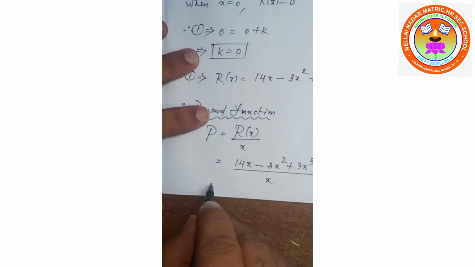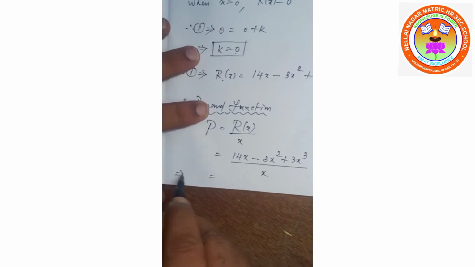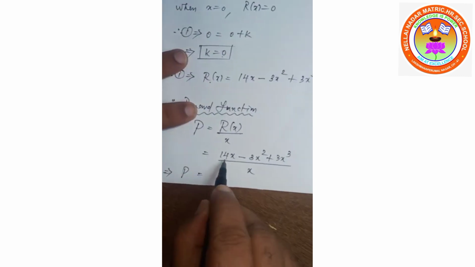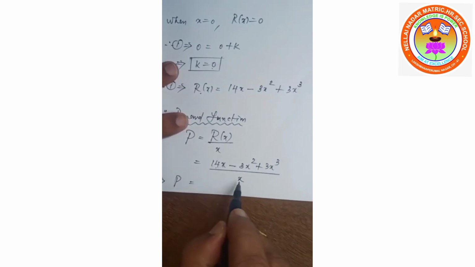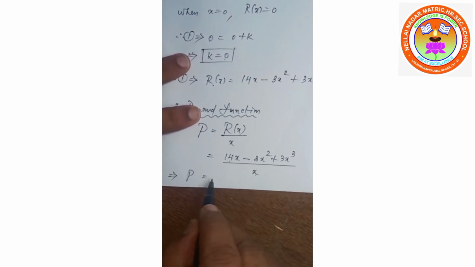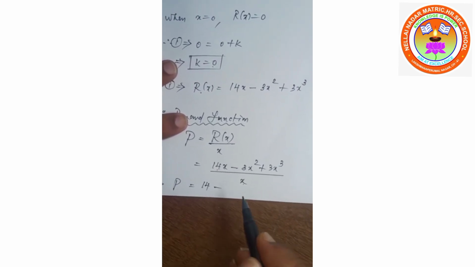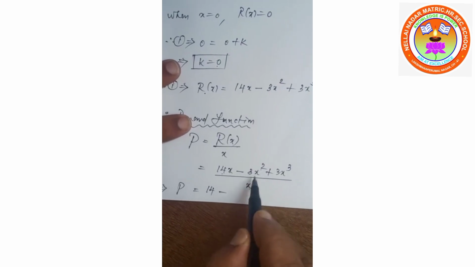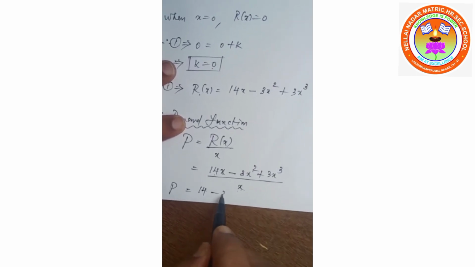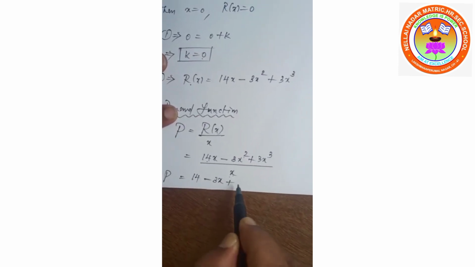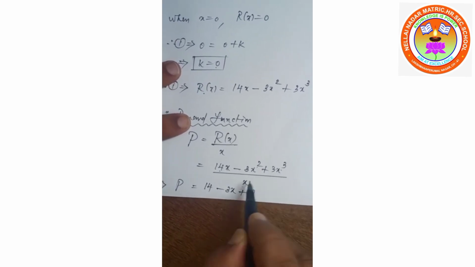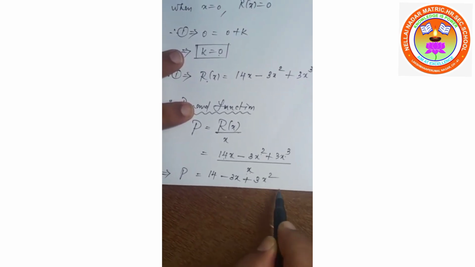So what is the answer? You can directly write the answer. p equals 14x by x, the x's get cancelled, 14, minus 3x squared by x, one x gets cancelled, 3x, plus 3x cube by x, that is equal to x squared. That's all. So problem number 20 is over.